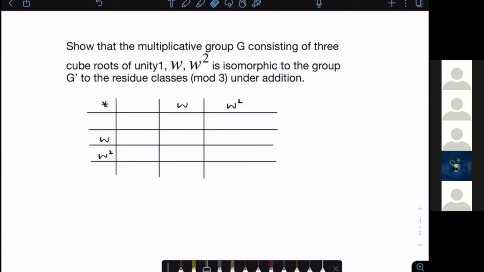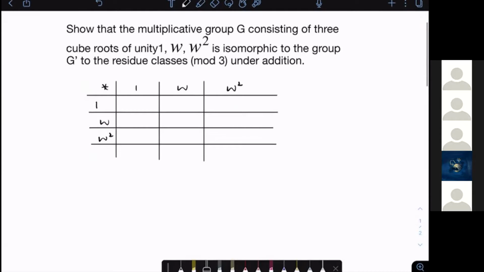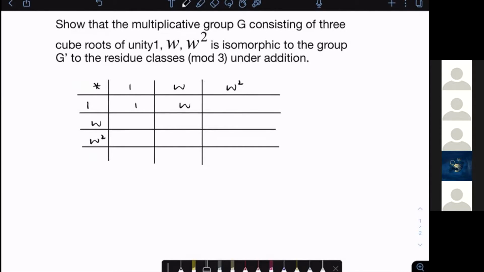We can see 1 is actually the identity, so that W squared times W equals 1.